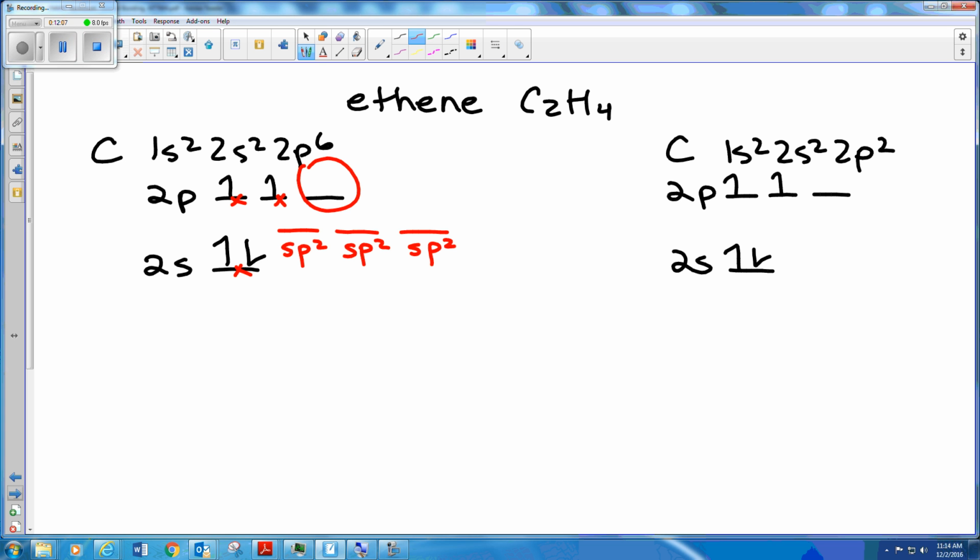Now I will place an electron in each of my new hybridized orbitals, and I will also place the remaining electron in the higher energy p orbital.